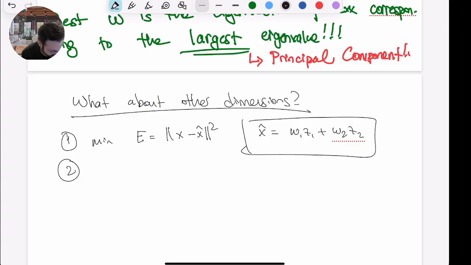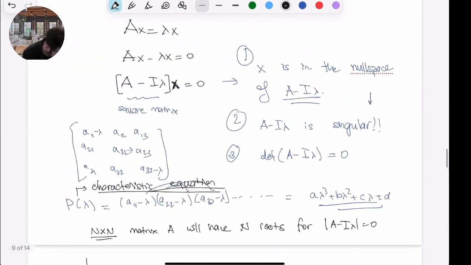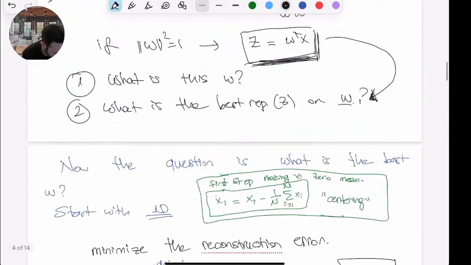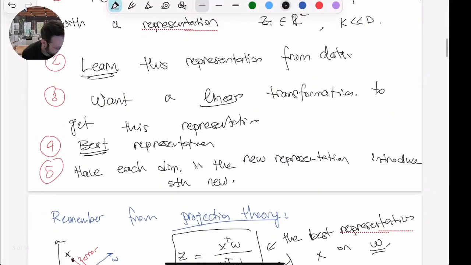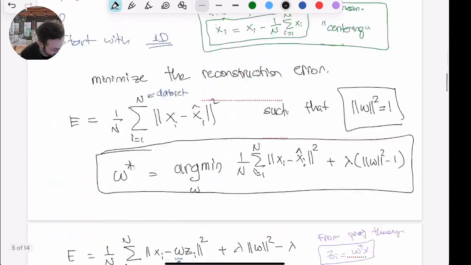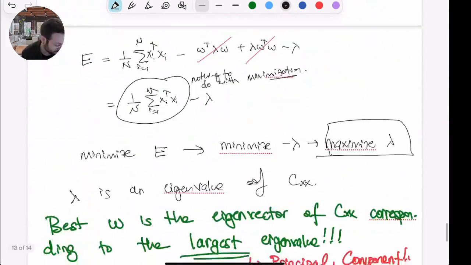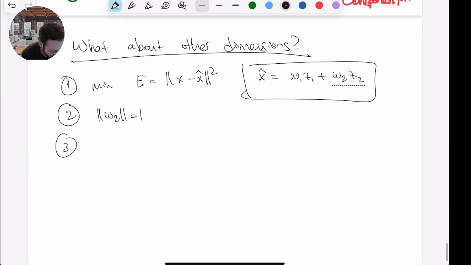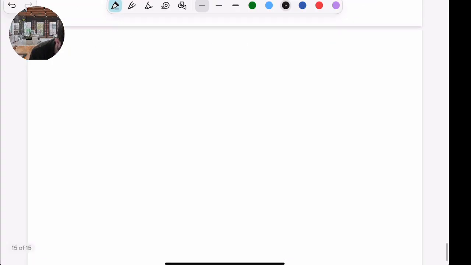Again, I want my w2 to also be a unit vector, and now, based on the last thing, each dimension in the new representation should introduce something new. I want it to be a new dimension. I want it to be orthogonal if possible. w1 transpose w2 is equal to 0, right?